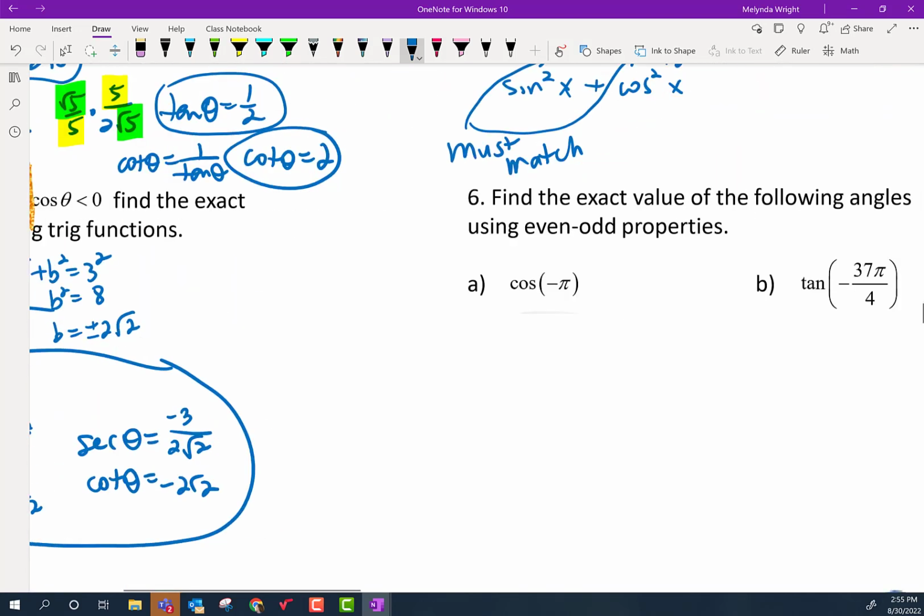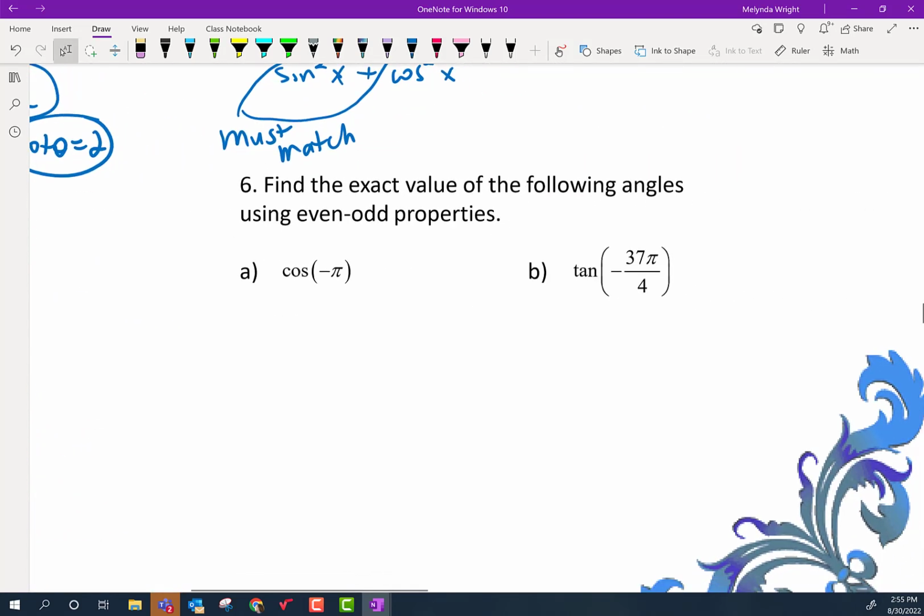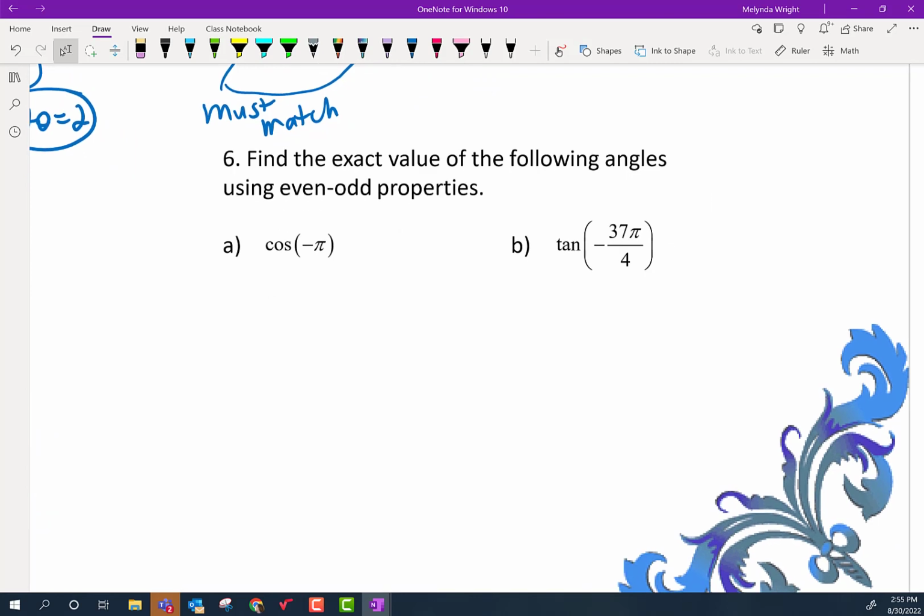Last one, we're going to look at even-odd properties. They want us to find the exact value using even-odd properties. Even if they didn't want us to use even-odd properties, we could, right? So we know cosine is even, so this is going to be exactly the same as cosine of pi. These are going to be identical.